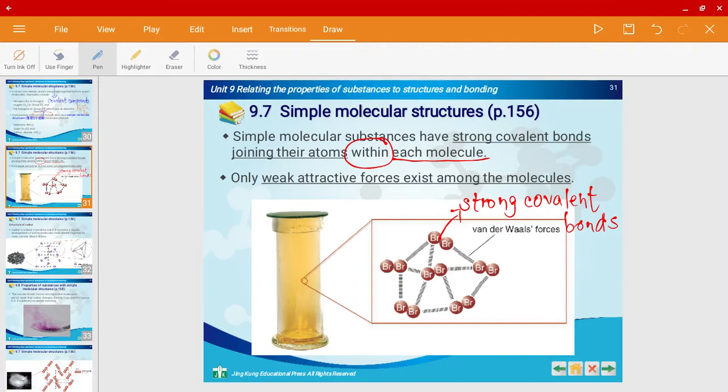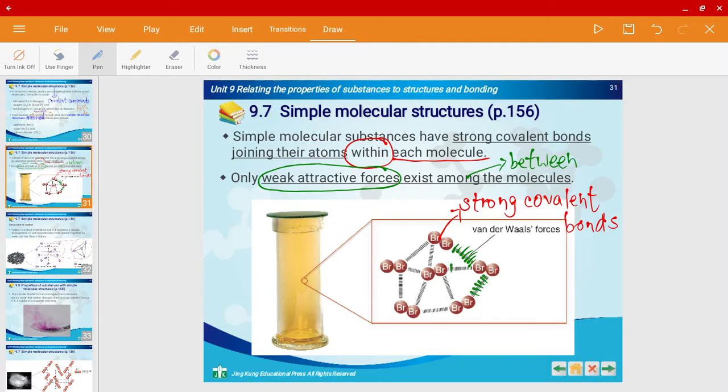However, among or between, another word that I like to use is between. Among or between bromine molecules, there is a presence of a weak attractive force. And this weak attractive force is this one over here, the ones that are dotted.